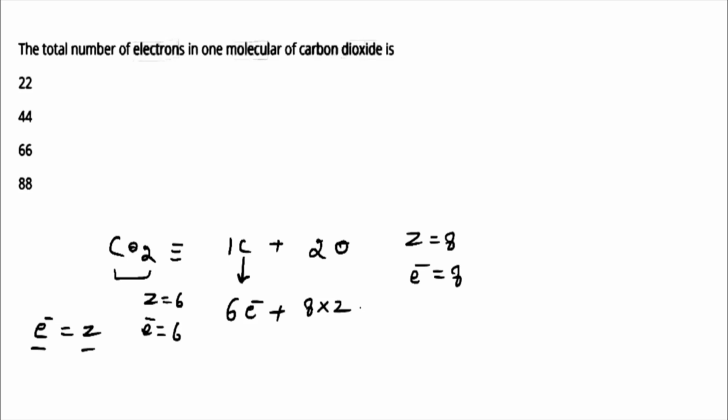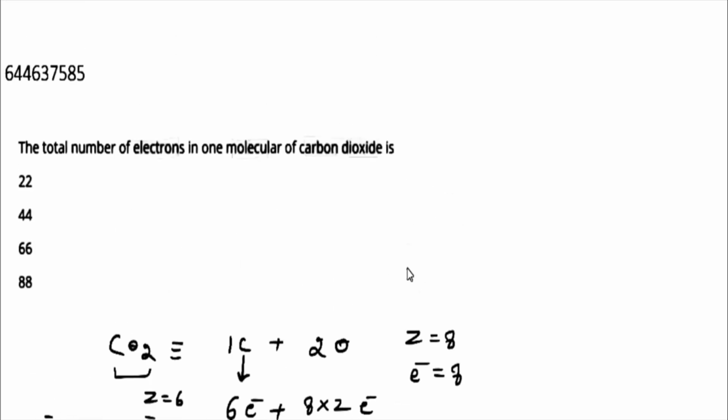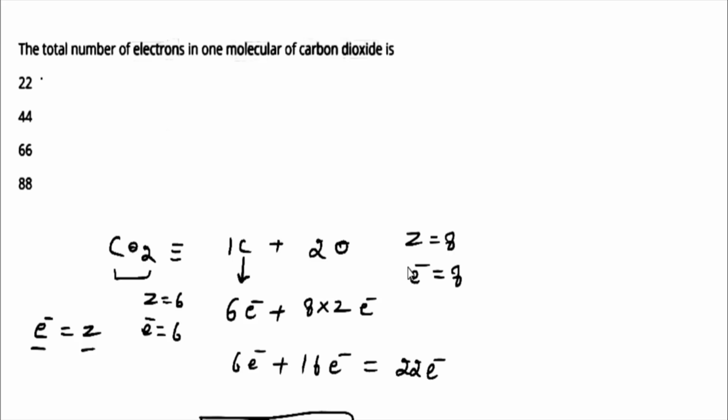Now total electrons is 6 electrons plus 16 electrons, and total is 22 electrons on CO2. This is the answer. So let's see which option is correct. 22 electrons means option A is correct, option B is wrong, C is also wrong, D is also wrong. So only correct option is option A.